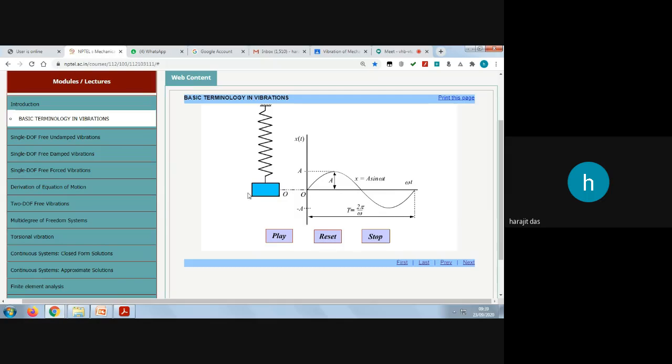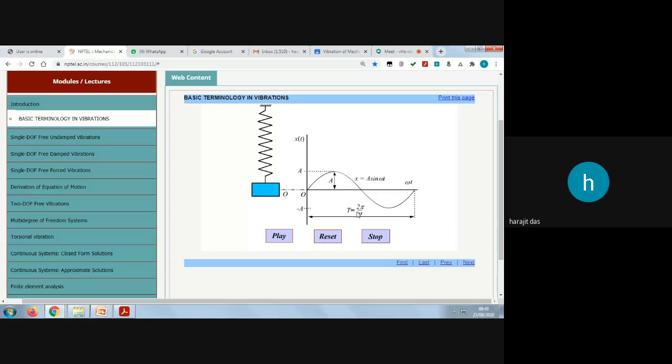From the mean line to the upward direction, you will get this quarter cycle, then from the maximum upward position to the mean line you will get the second quarter, then you will get the third quarter when it moves downward, then the complete cycle you will get. The time period is capital T, so T equals 2 pi upon omega.